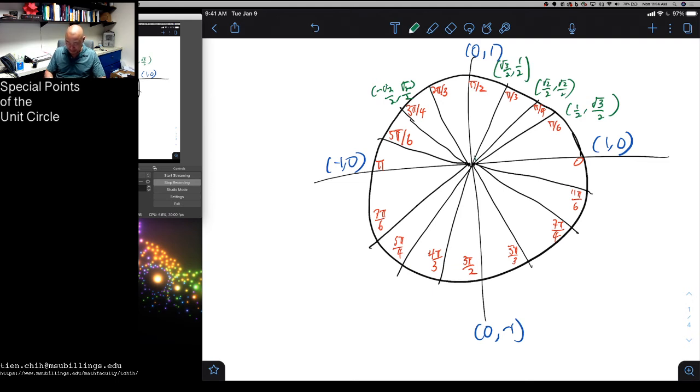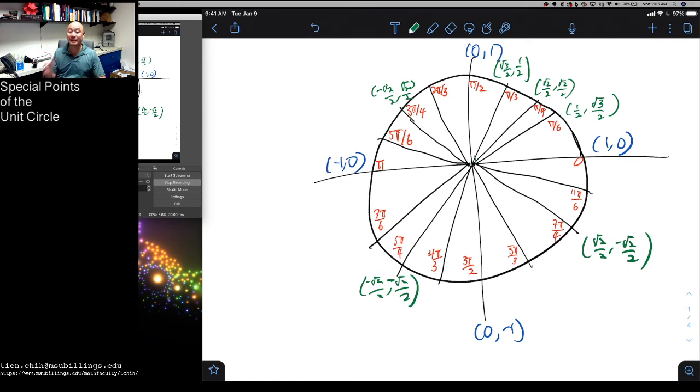And then the corresponding point down here is just a reflection this way, right? Where you have the same x value, but your y value switches signs. So this value here has minus root 2 over 2, minus root 2 over 2. Everything's negative. And then in the fourth quadrant, the x values are positive, but your y values are negative because you're below the axis, right?